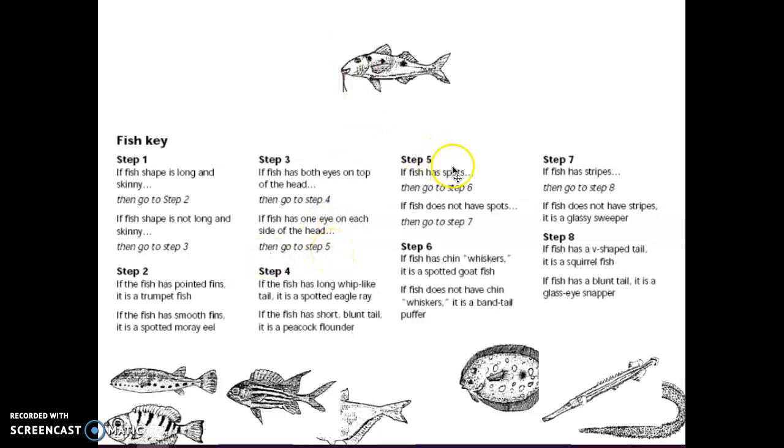So here's five. Does he have spots or no spots? Well, I consider those three things as spots. So we're going to go to step six. Okay, does he have chin whiskers or does he not? Well, he definitely does. Those are considered whiskers. So we found the name of our fish. It is a spotted goatfish. Okay, so that's how a dichotomous key with words actually works.